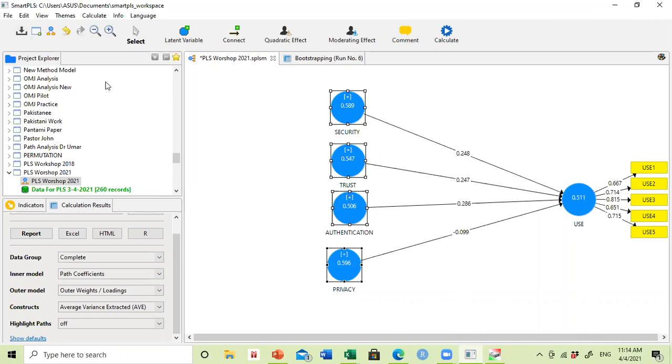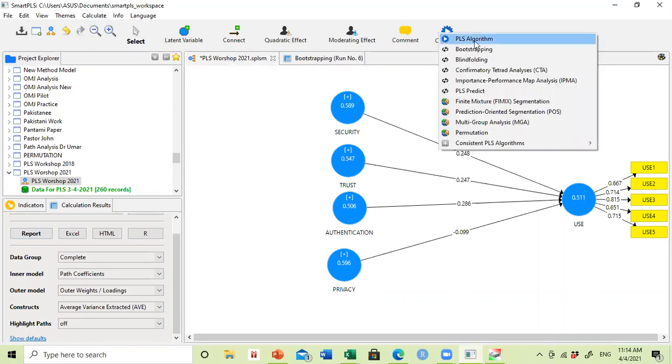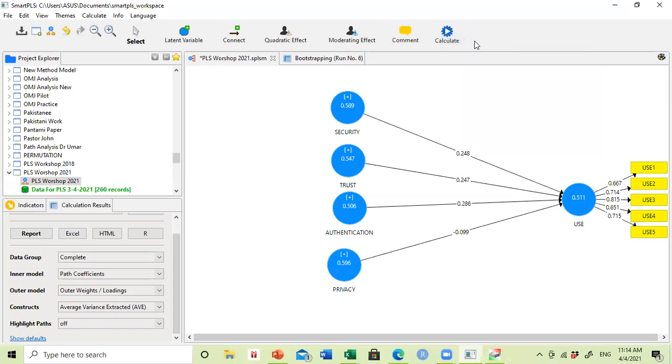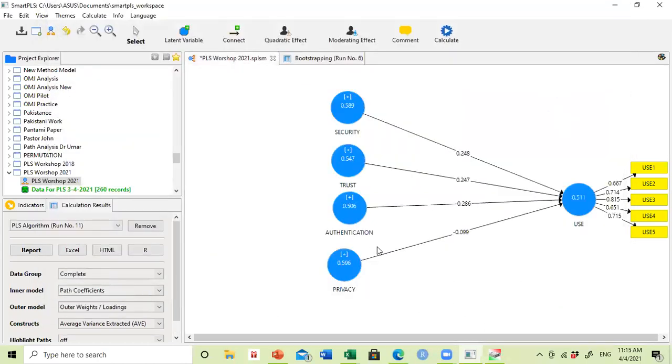I told you the first thing that you do is go to calculate, you say PLS algorithm, you start calculation, then you go to the left side of your computer and look at the report. Wherever you see report, there is only one, just click it.